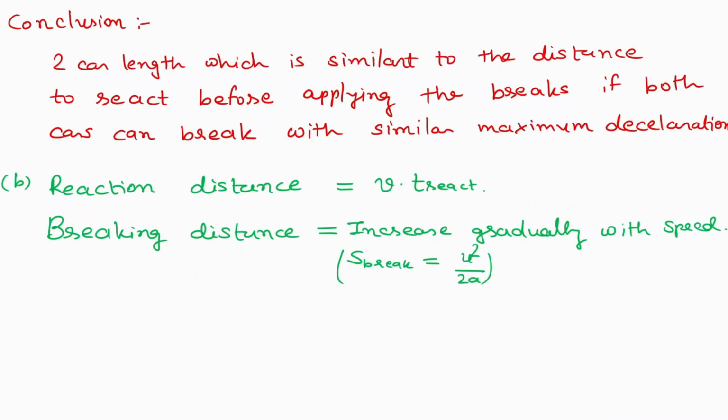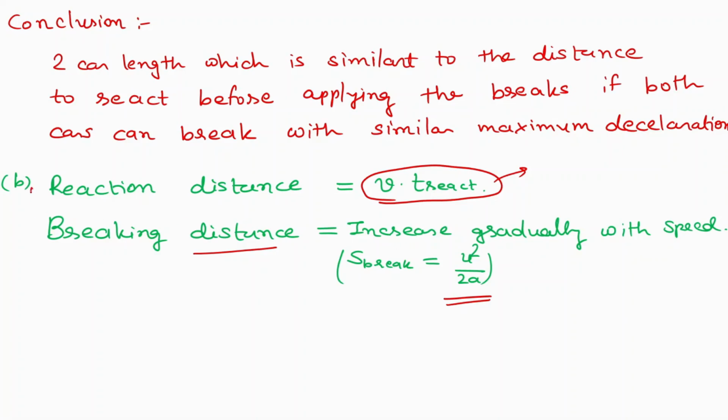For that, we have the reaction distance, the distance the car travels during the reaction time, and the braking distance. So you just have to brake, but the car cannot stop at the right moment. It takes some distance before it stops. It is given by v square upon 2a, where a is the deceleration.